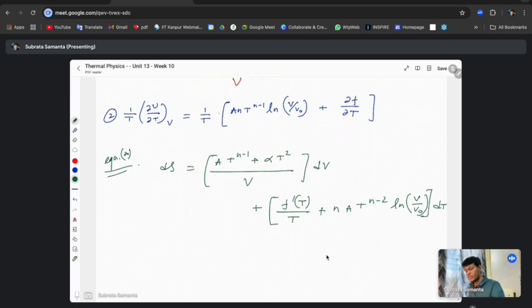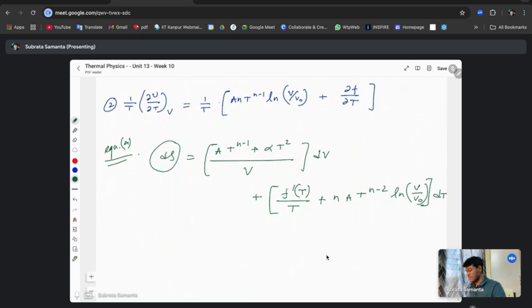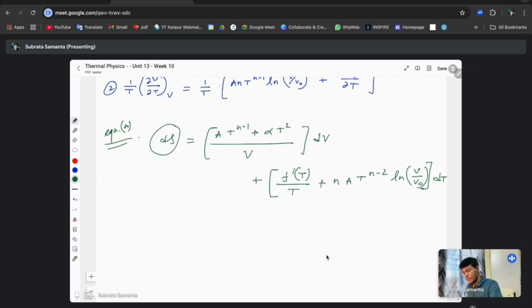So now you know that this dS is an exact differential, right? So let's say we denote this as M and I denote this as N.